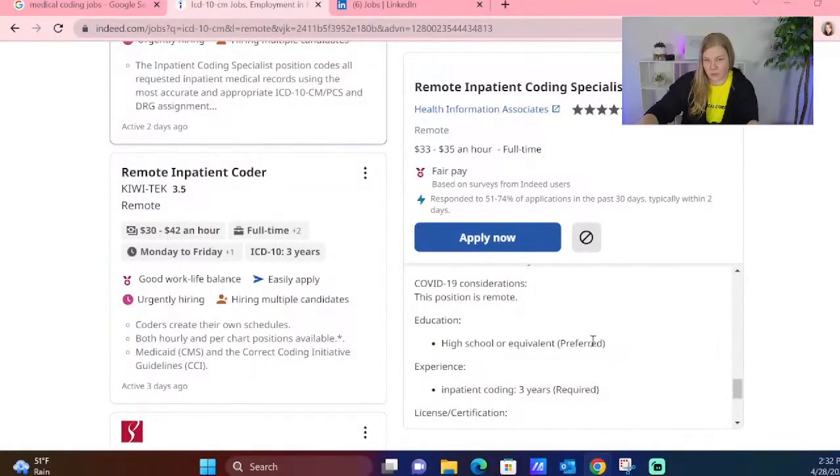It depends on whether the job listing says you have to have a high school diploma or equivalent. Now, this one says preferred, right? There's a difference between preferred and required. Preferred means we would like you to have that. It will make you a better candidate if you have it, but it's not mandatory.